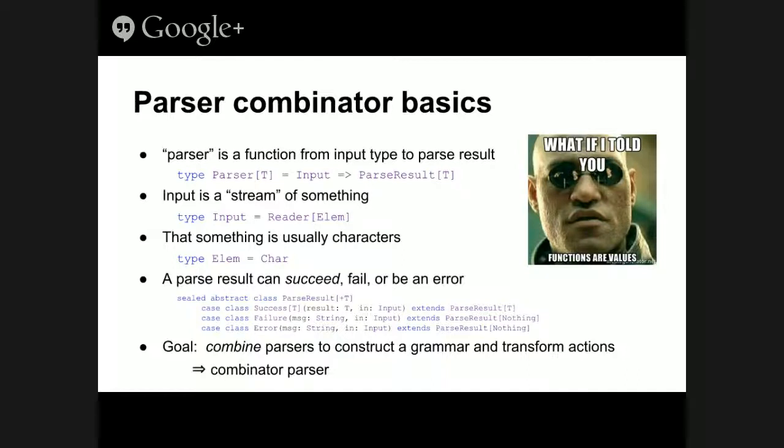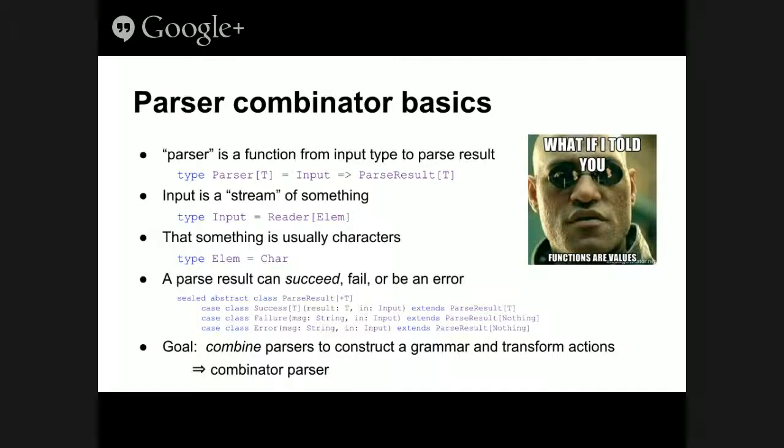So in this case, we want to take some input and get to some parse result of some type. The common example for parsing is an arithmetic expression: plus, minus, multiply, divide. It's the classic example because everybody knows you do multiply and divide before addition. There are precedence rules, and if you have parentheses, you do things in parentheses first.